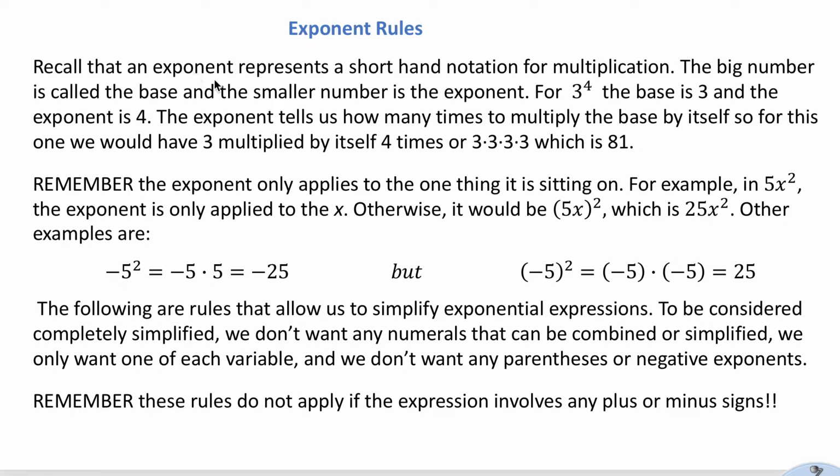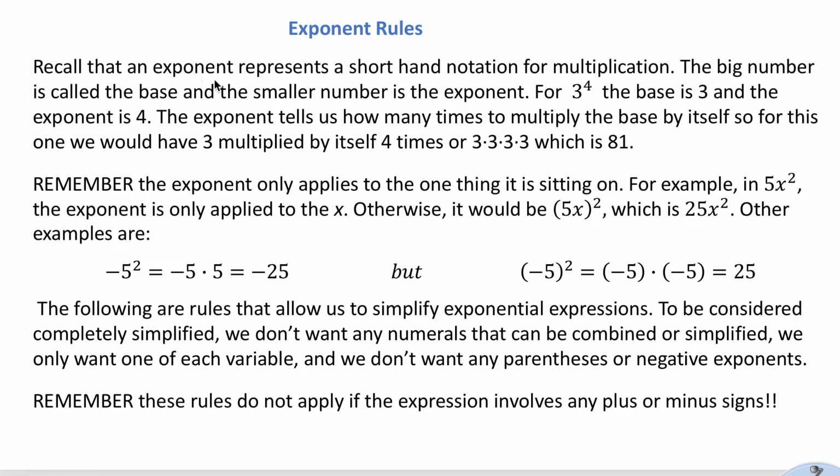Here's some other examples to be very careful of. Negative 5 squared means that the square applies only to the 5. So this is negative 5 times 5, or negative 25. If I wanted the whole negative 5 to be squared, I would need to write it like this, right?